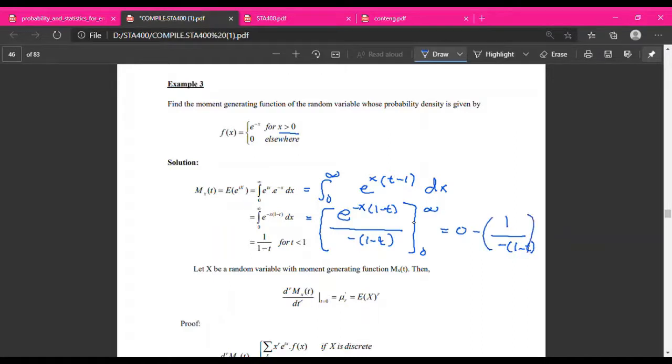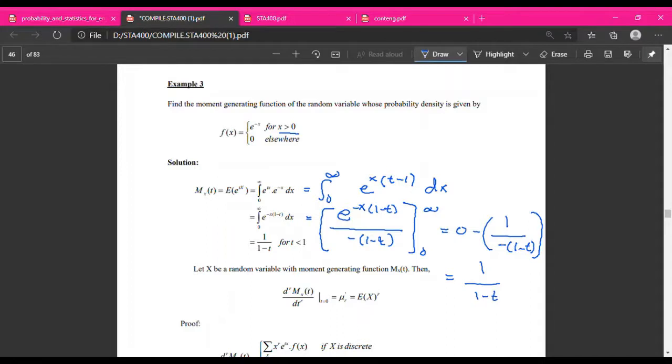Okay? Oh, sorry. Okay, so negative here, you akan dapat positive 1 over 1 minus t. Then you will get this value.